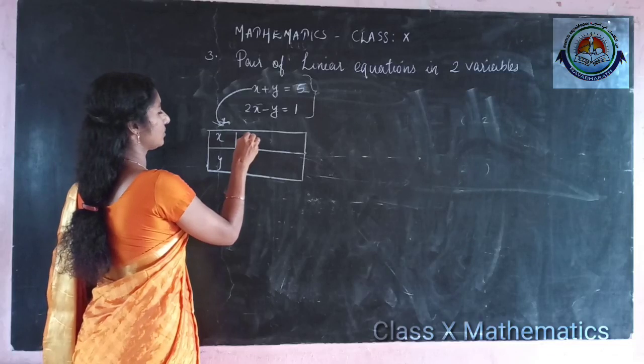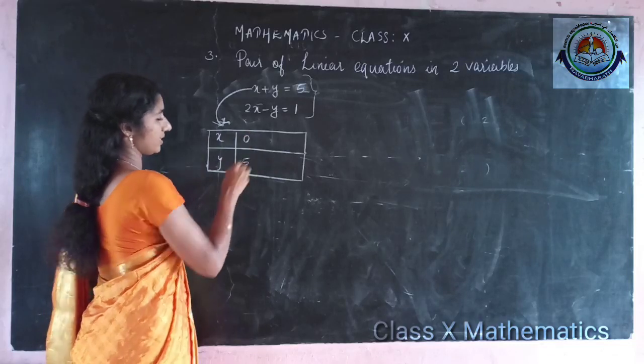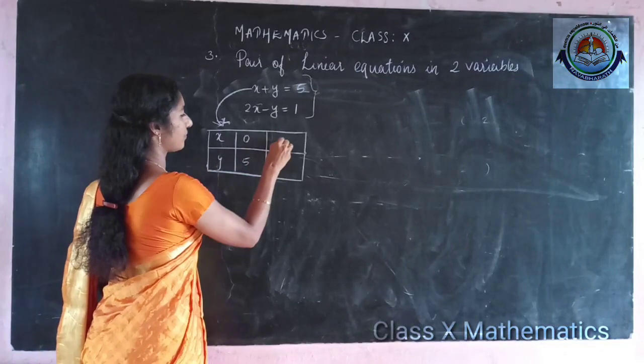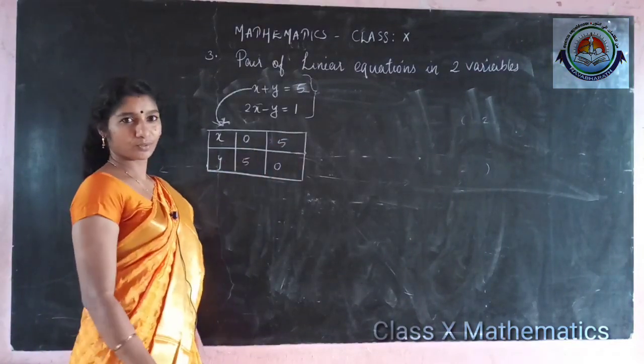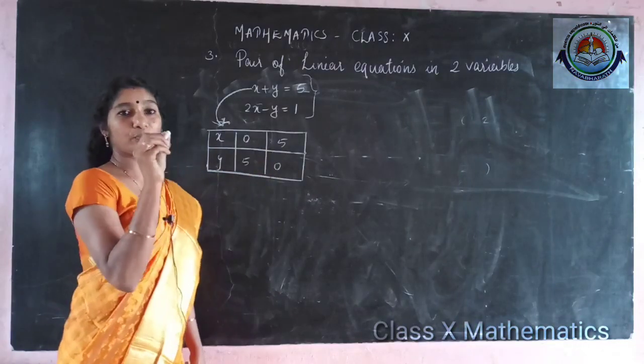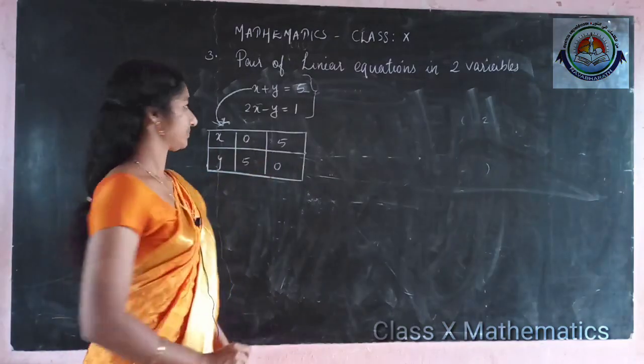When x equals 0, y is equal to 5. When x equals 5, y is equal to 0. So we got 2 solutions, that means 2 points on the straight line.